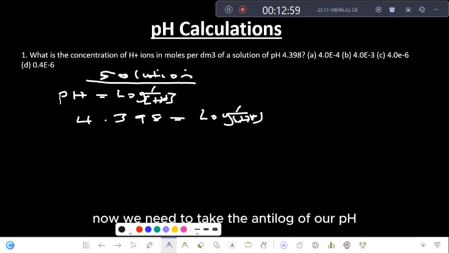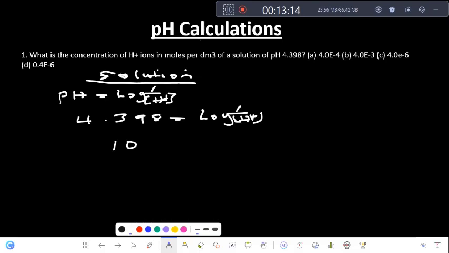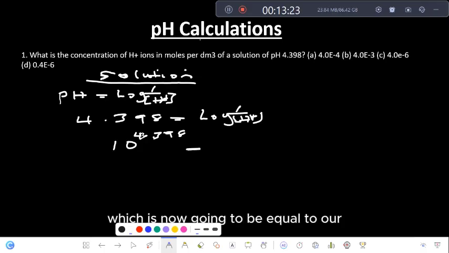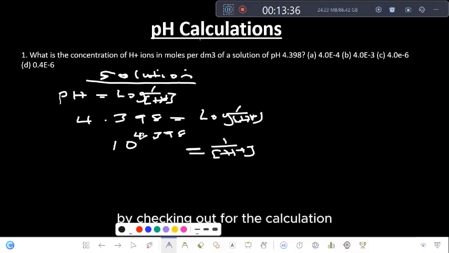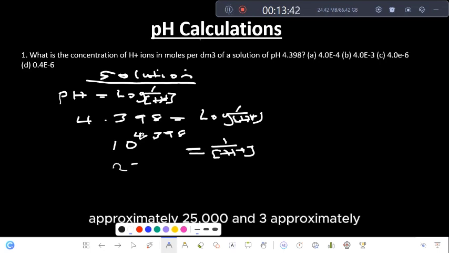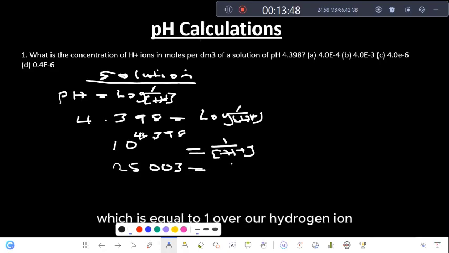Now, we need to take the antilog of our pH, which is written as 10 raised to the power of 4.398, which is going to be equal to 1 all over our hydrogen ion. By checking out the calculation, we have 25,003 approximately, which is equal to 1 all over our hydrogen ion.